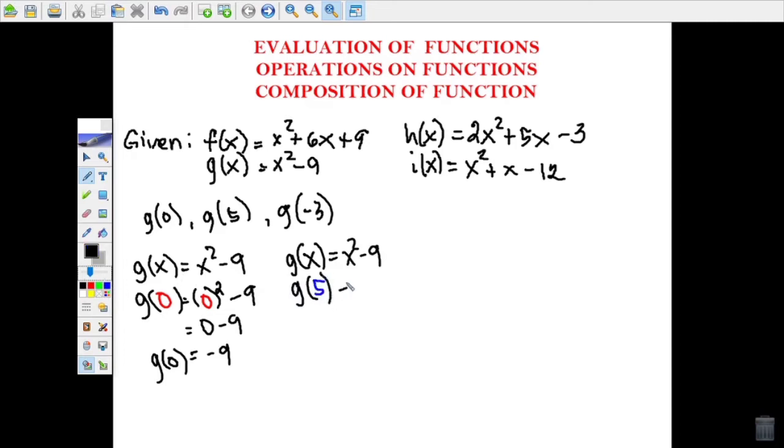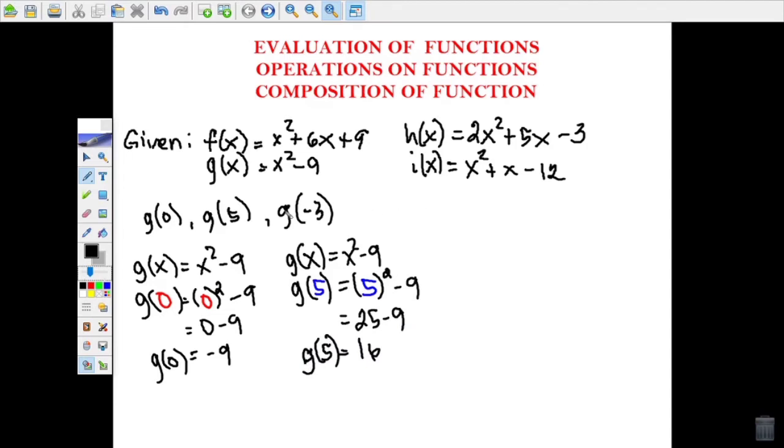Then, kapag ganyan g of 5, substitute lang natin. So, si x ay 5. So, 5 squared minus 9. Okay, then simplify lang. 5 squared is 25 minus 9. And 25 minus 9 is 16. So, therefore, the value of g of 5 is 16.